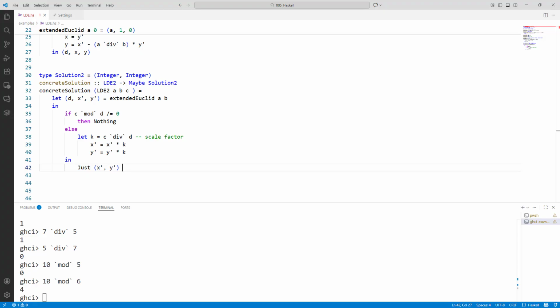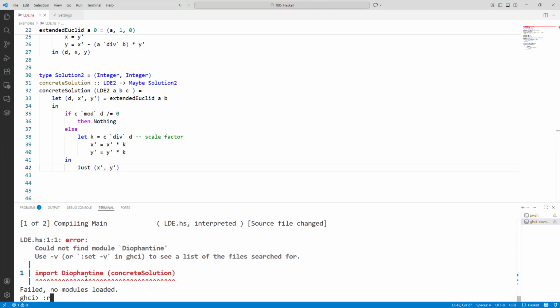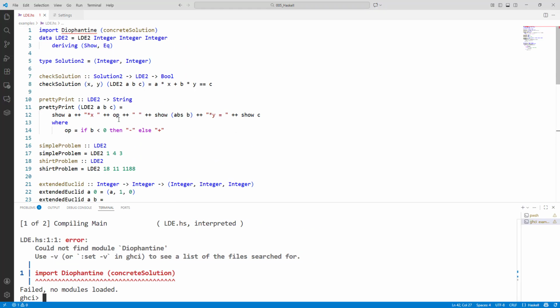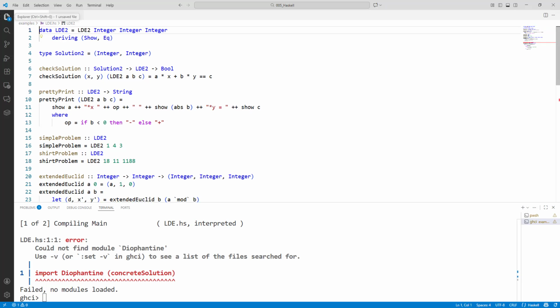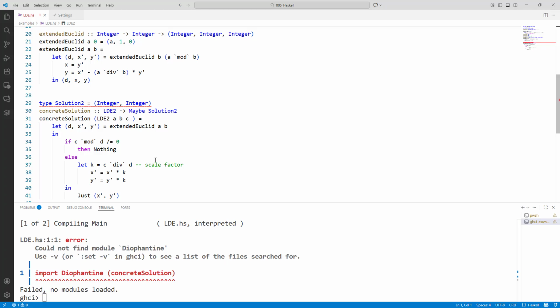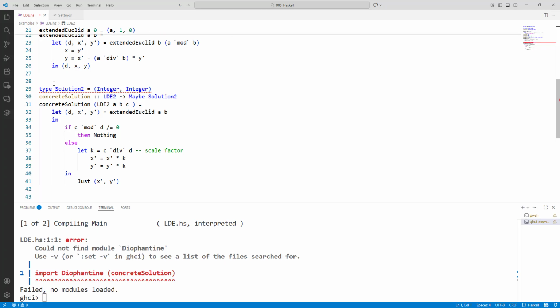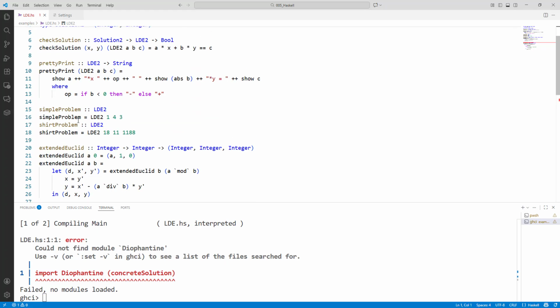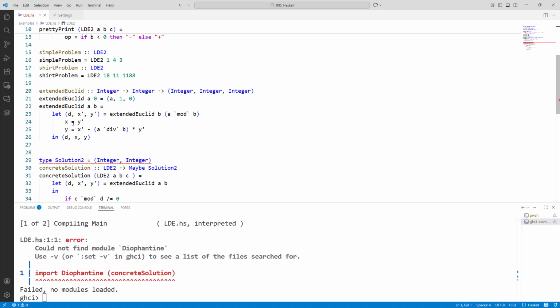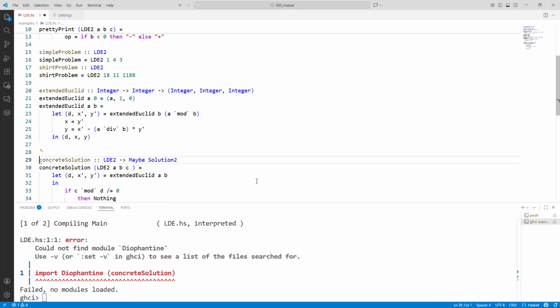So let's try to reload. No modules loaded. I don't know how this thing came there. Type solution to integer. This thing is going to be reduced.